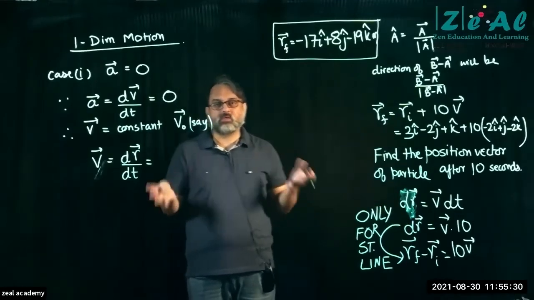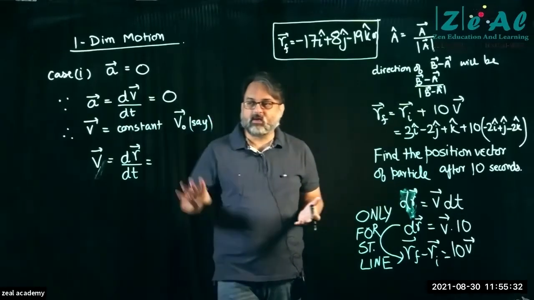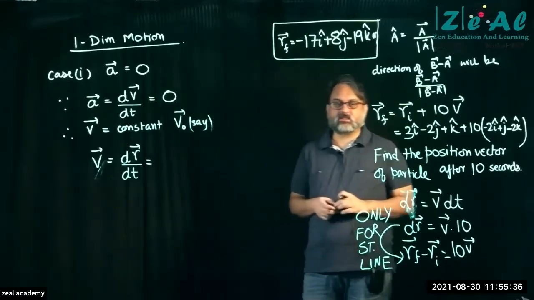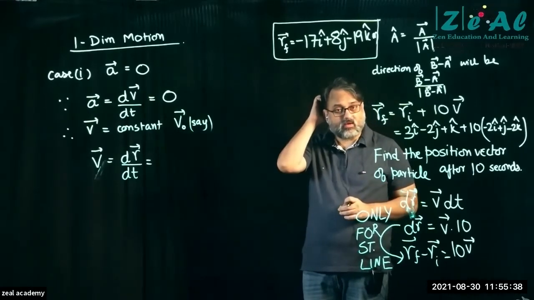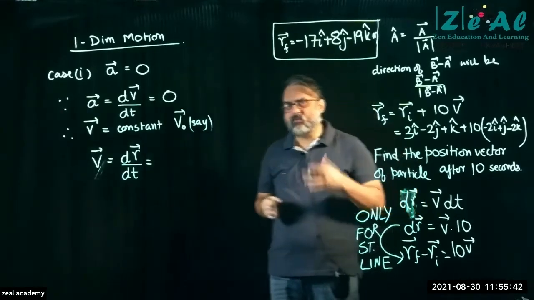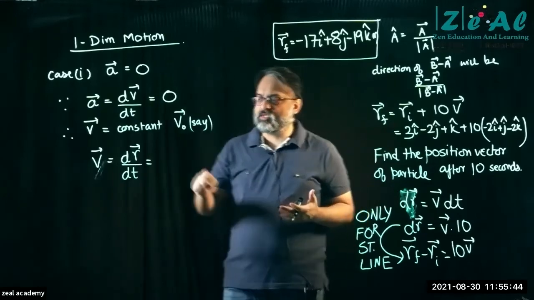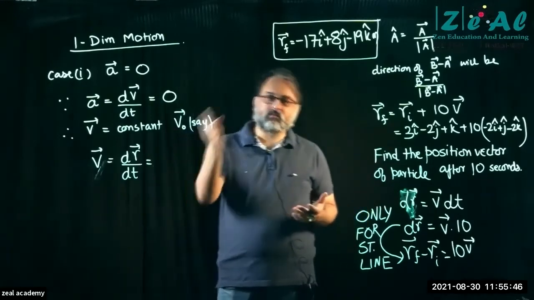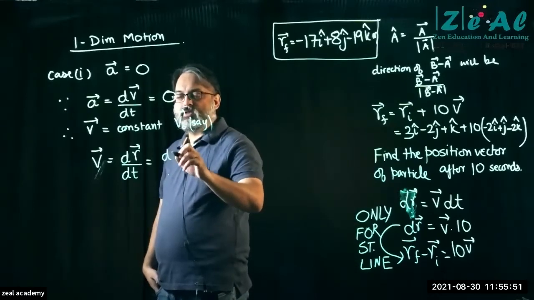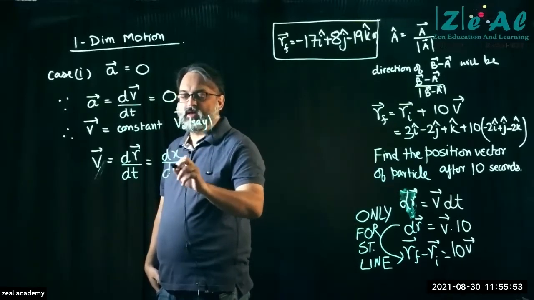So I don't know what the axis is. So I will assume that the axis is x-axis. But whatever I write will be valid for any axis. Wherever the motion is happening, you just have to replace that x by that particular axis. I will write this as dx by dt.